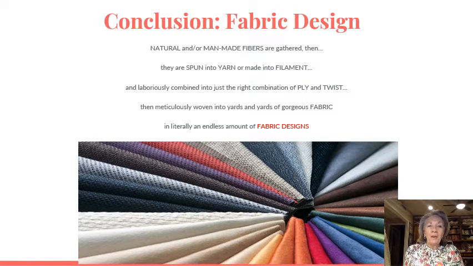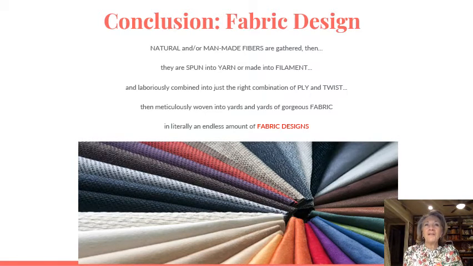So looking back, what do we know? We start with natural and or man-made fibers have to be gathered, and then they are spun into yarn or made into filament. So we have yarns or filaments, which is our second step, out of those fibers. And then those yarns or filaments are laboriously combined into just the right combination of ply and twist.